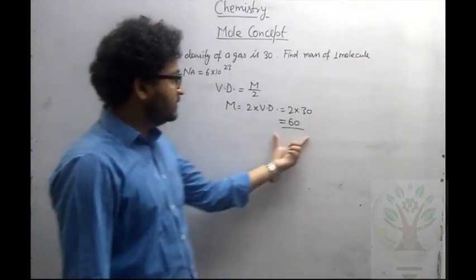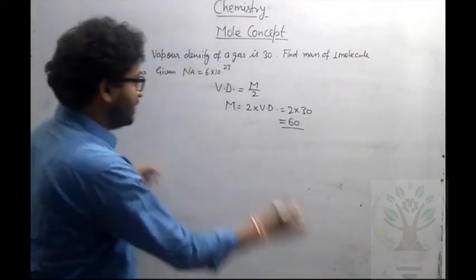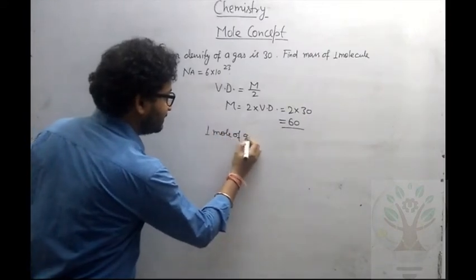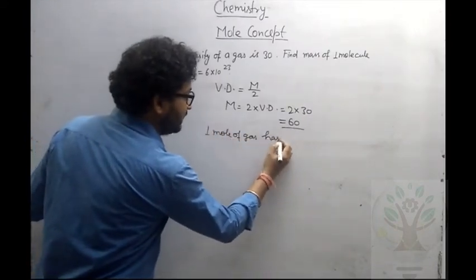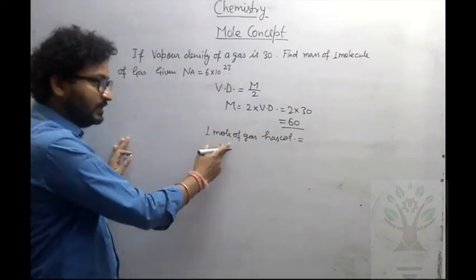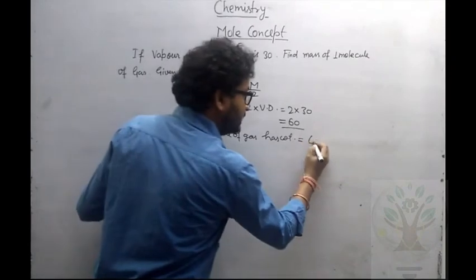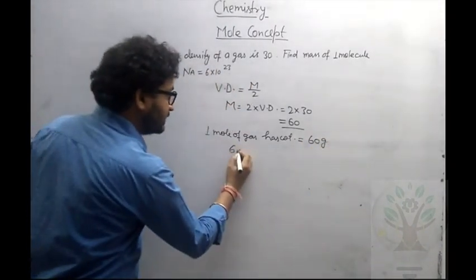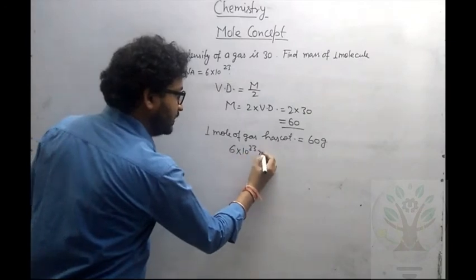Molar mass will be 60. That means 1 mole of gas has weight 60 gram. And 1 mole means 6 into 10 to the power 23 molecules.